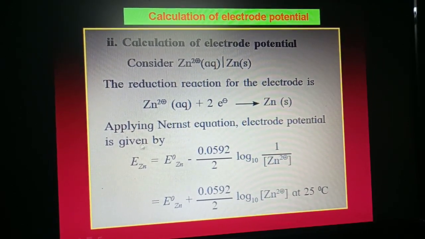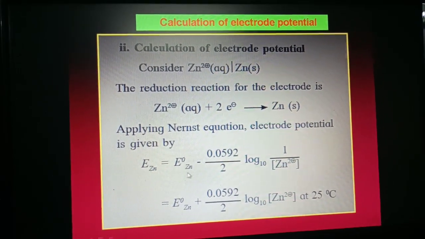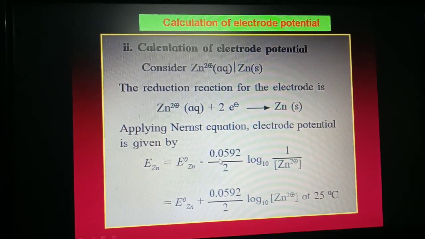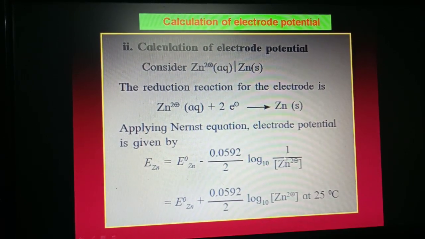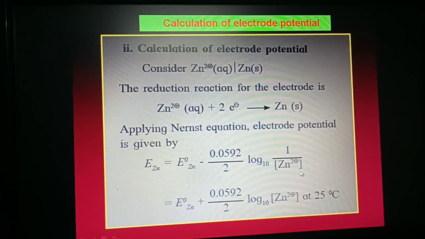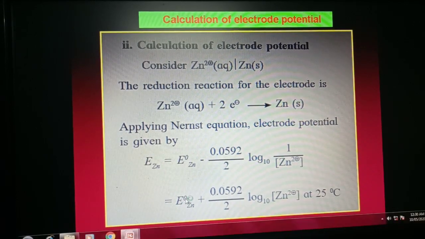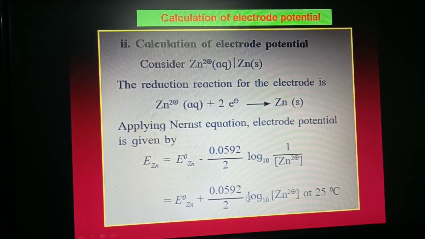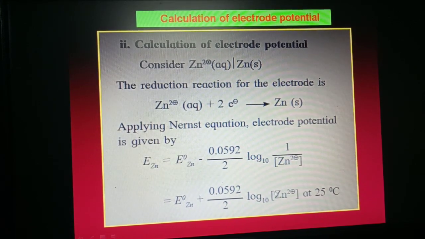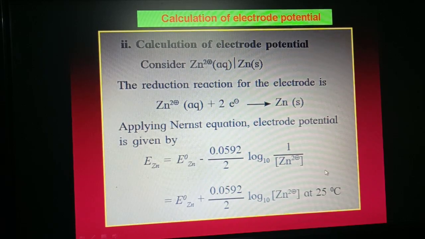Applying the Nernst equation, electrode potential can be given as E Zn is equal to E0 Zn minus 0.0592 upon 2 log to the base 10 of 1 upon concentration of Zn2+. This equation can be rearranged as E0 Zn plus 0.0592 upon 2 log to the base 10 of concentration of Zn2+ at 25 degrees centigrade.